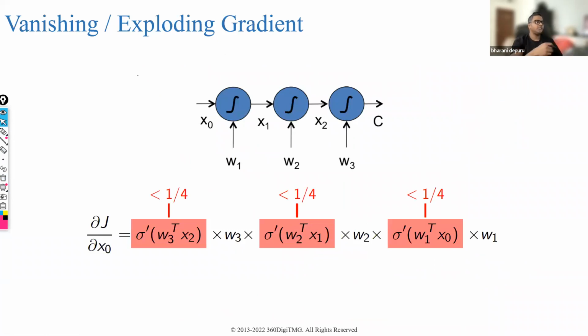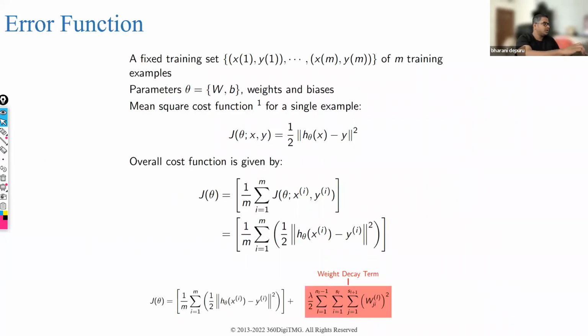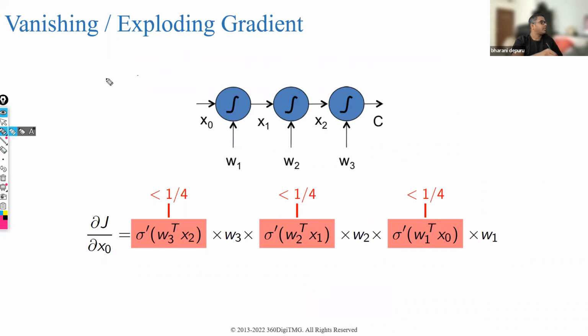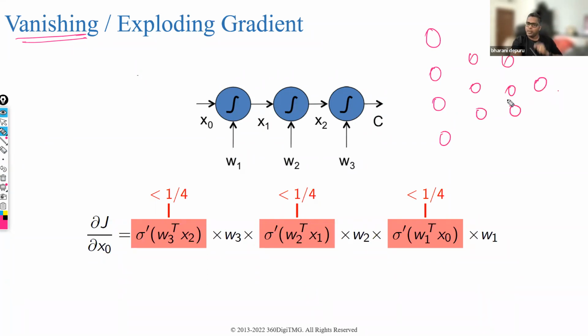And then we have something called the vanishing gradient and exploding gradient problem. Let me explain this. You will have a network like this, and the weights are randomly assigned.